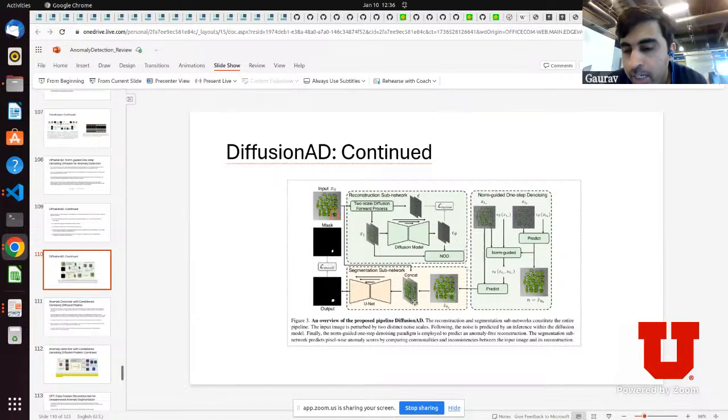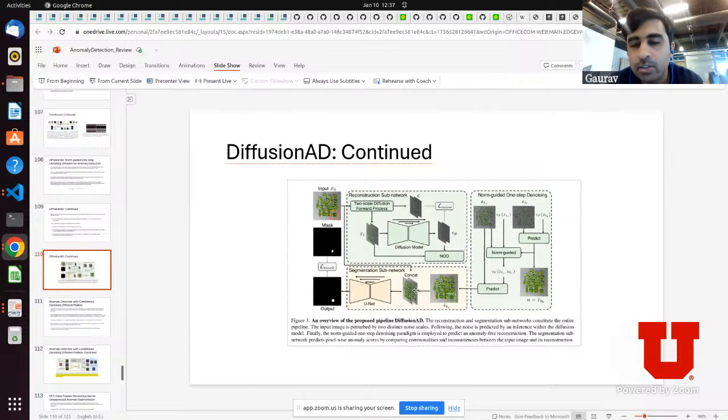Yes. So in this case, the point is basically to make sure that if there is a lot of difference between the normal reconstruction and the anomalous image, then that's a reason for it to be an anomalous image, or a reason for the pixel to be anomalous.